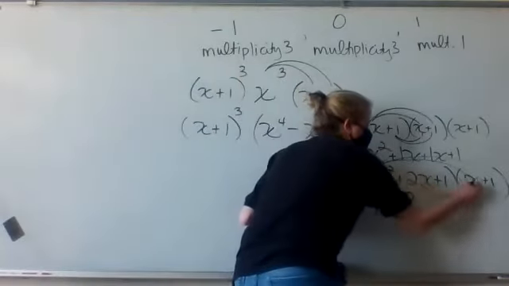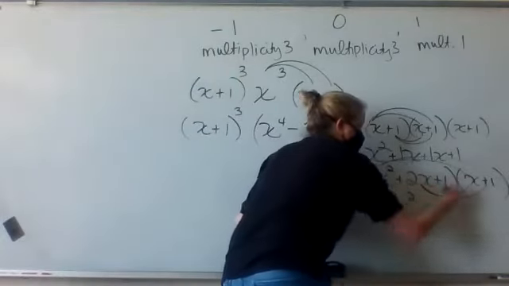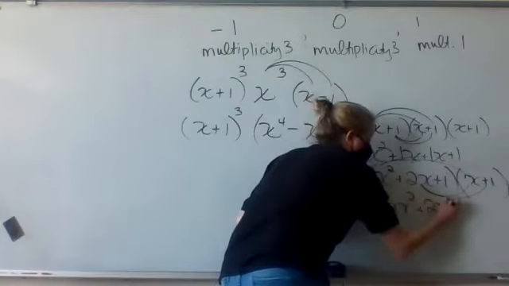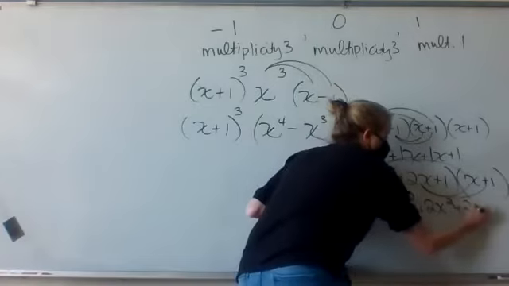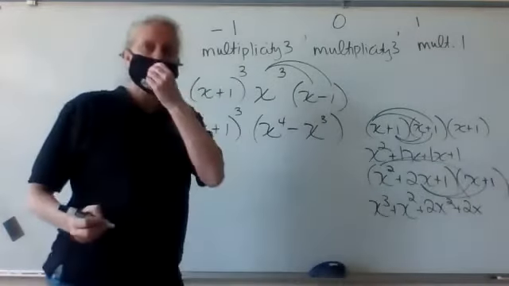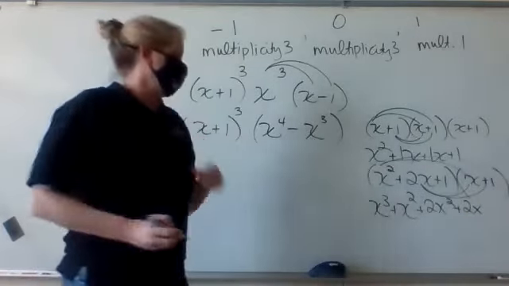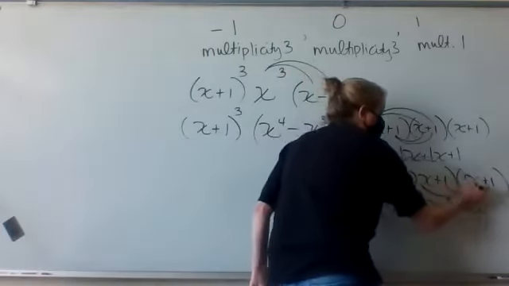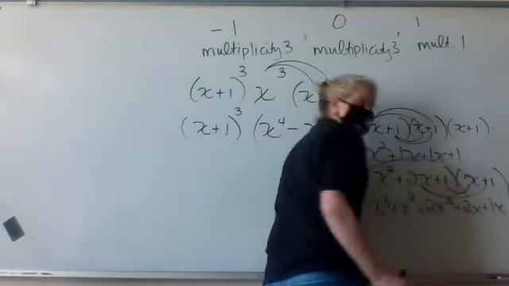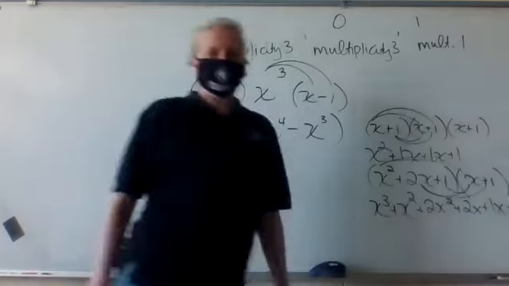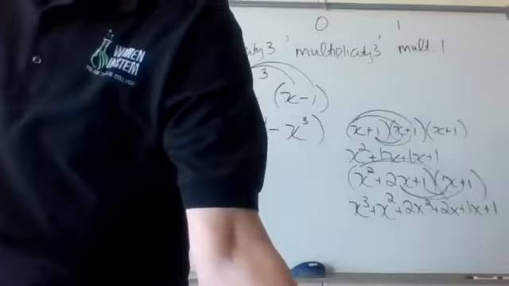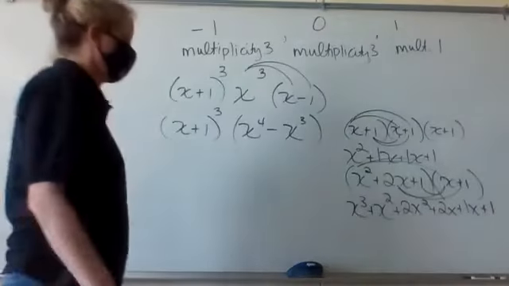Distribute the 2x to both of those. So 2x times x is 2x squared. 2x times 1, 2x. And the last part, just distributing this 1. 1 times x is 1x, and the last part, 1 times 1 is 1. Clean it up.